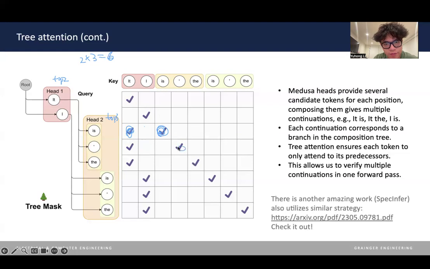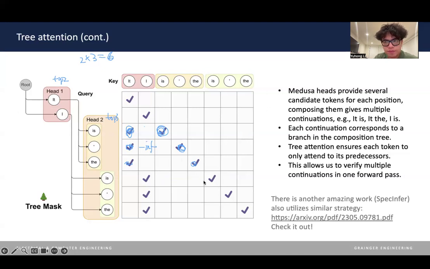And for a prime, it also has the attention with it, but it doesn't have any attention with this one, which means this is negative infinity. Okay, and you can see all the children only associate with its parents or its ancestors, right?